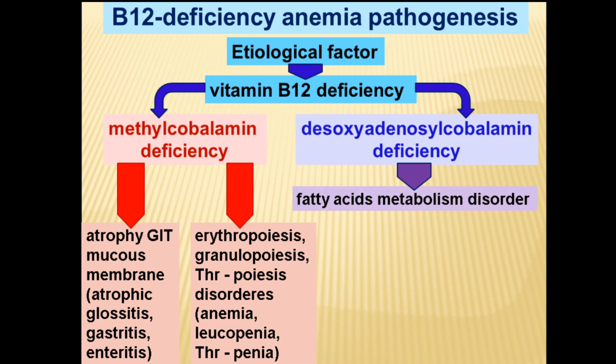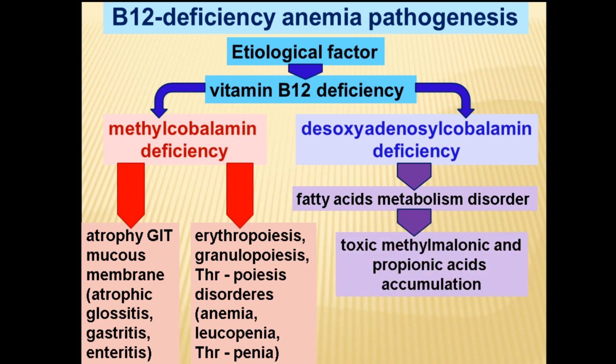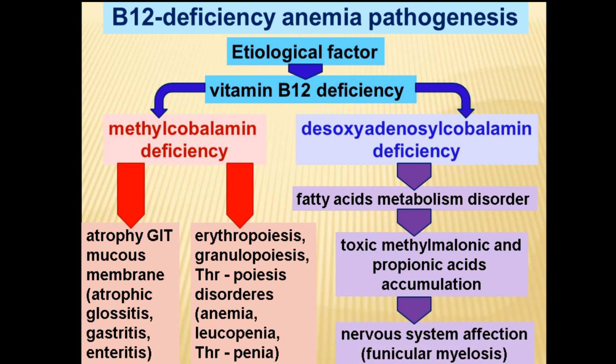Deficiency of deoxyadenosylcobalamin is manifested with disordered fatty acid metabolism. As a result, toxic methylmalonic and propionic acids accumulate, which are toxic for the nervous system, and clinically specific neurological symptoms form, which are named funicular myelosis.